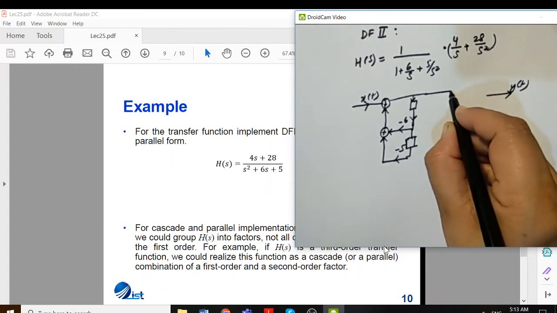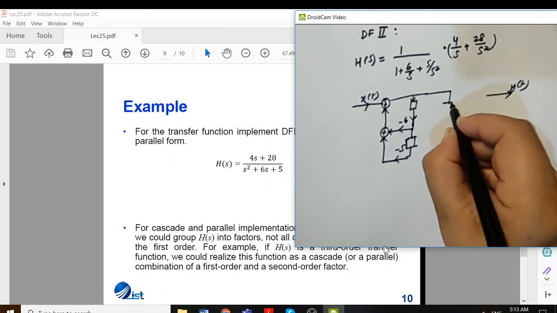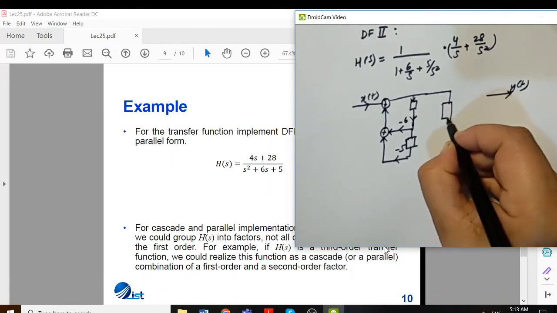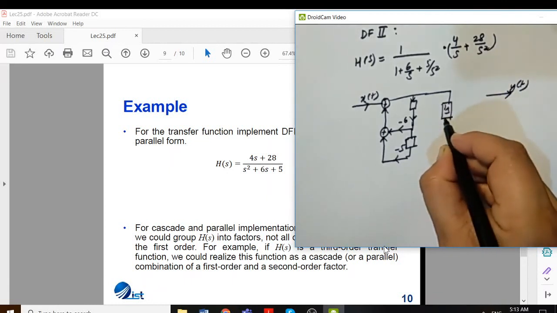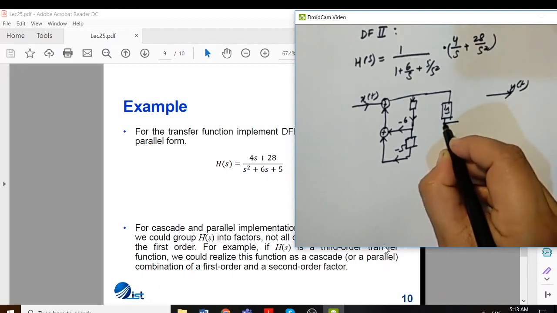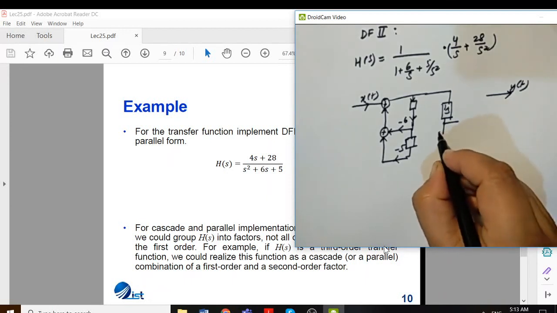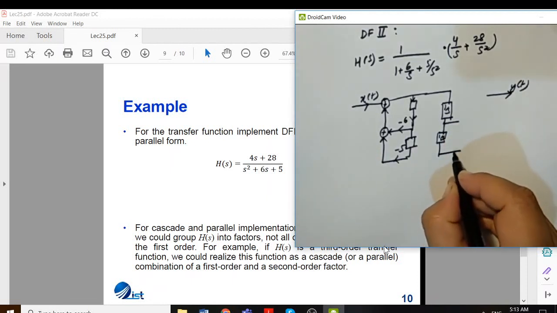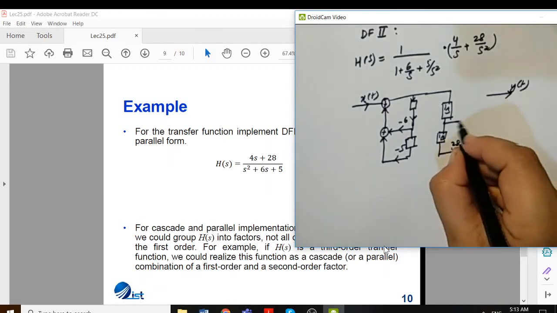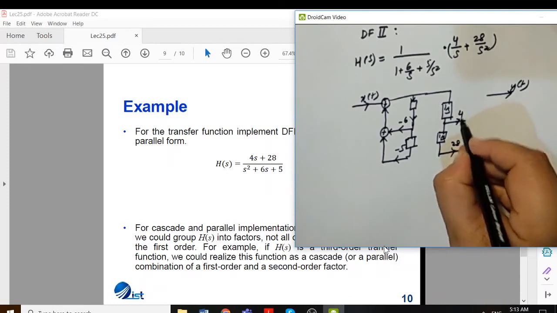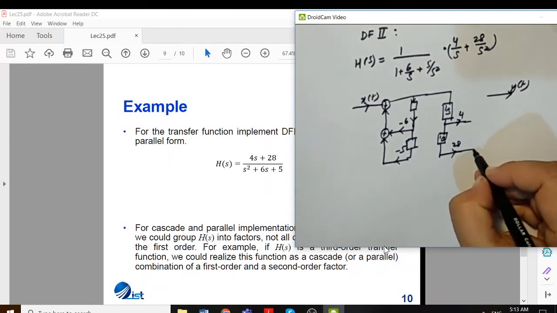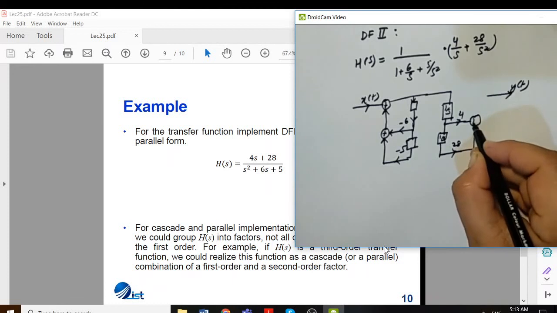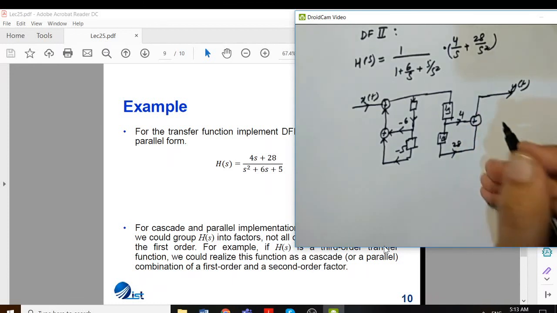So the other part is this: one by s is 28, this part is 4, this gets added to this and exchange.